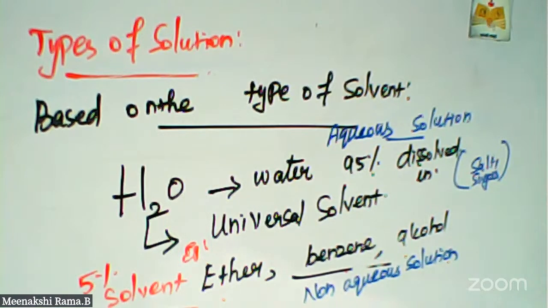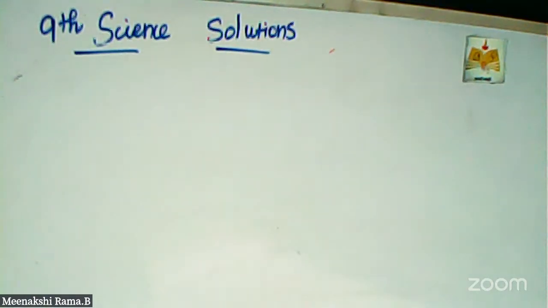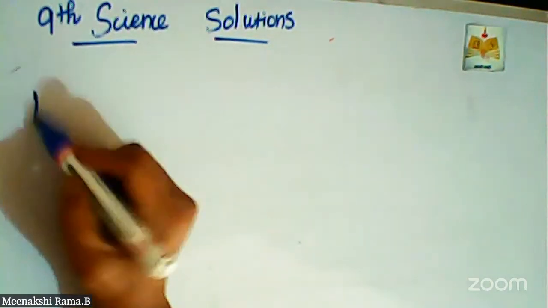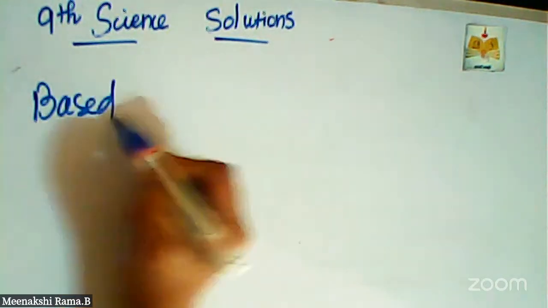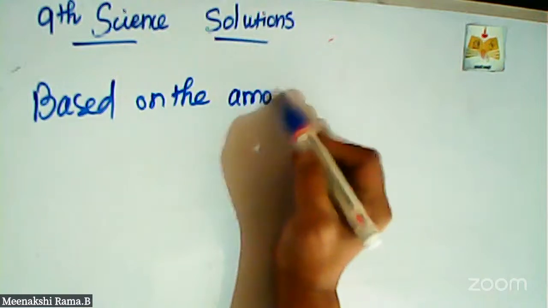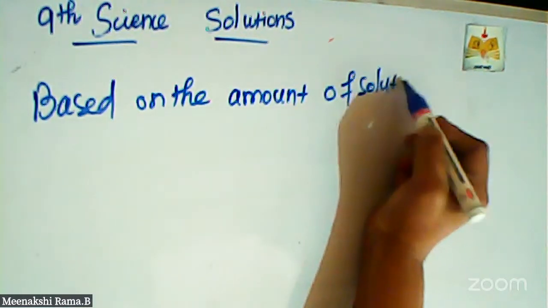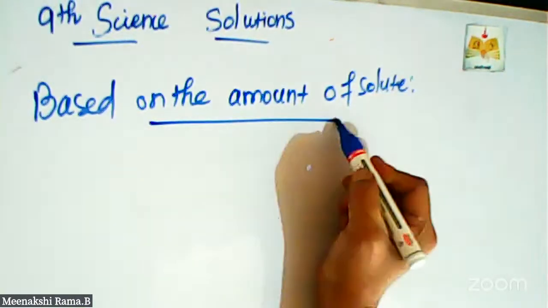And then the next topic is based on the amount of solute. How can we classify the solution? That is the next heading: based on the amount of solute. Already we learnt about the amount of solvent.